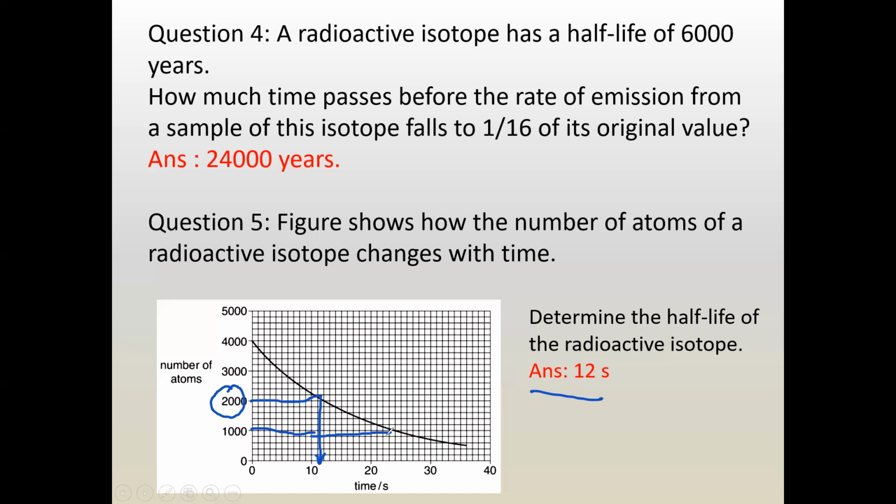So this is 12 and this one is 24. So 24 minus 12, again, we get 12 seconds. So as you can see, we can take any two values which we can easily make half, work out the time interval, and using those values, we can find the half-life.